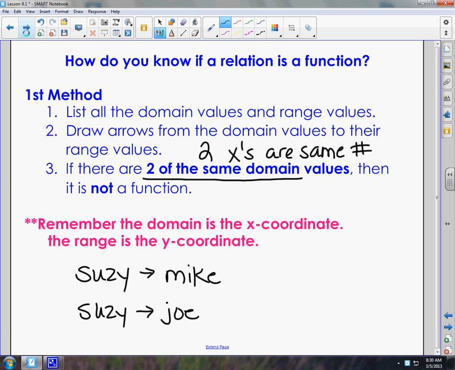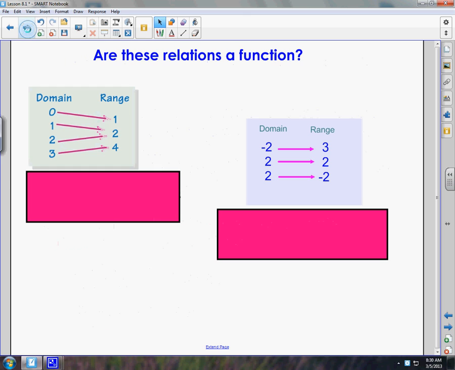That's not a function. It cannot work. Susie cannot be with two different people. So this is the first number. This is the domain. You cannot have two of the same domain because somebody cannot be listed twice and consider it a function. It's kind of like that, just a very simple example.